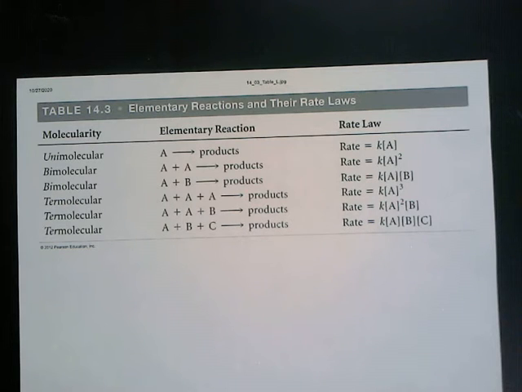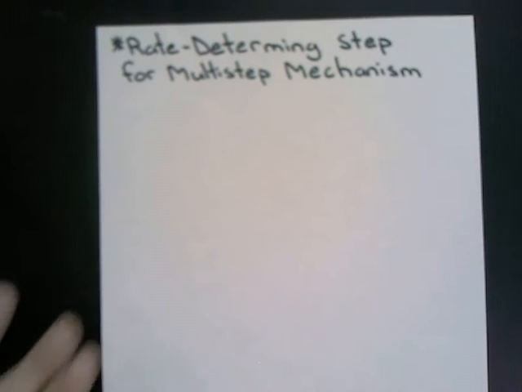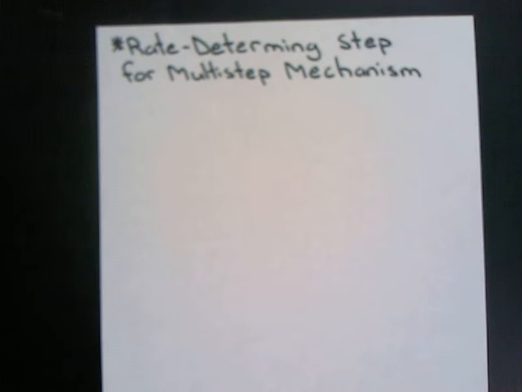Now what we're going to transition to is how we determine the rate determining step if we have multiple steps or multiple elementary reactions. How we determine it is this.